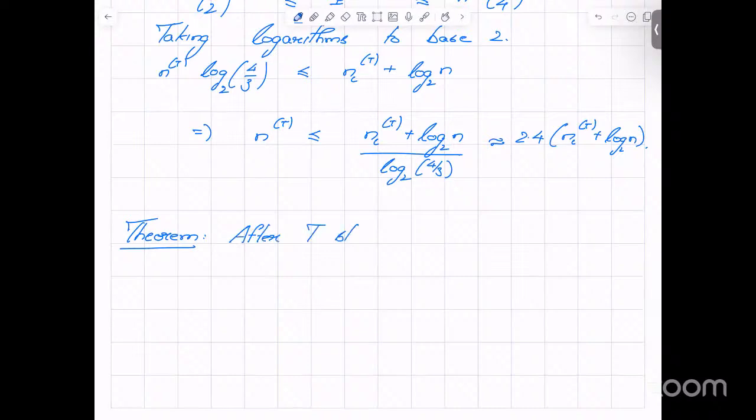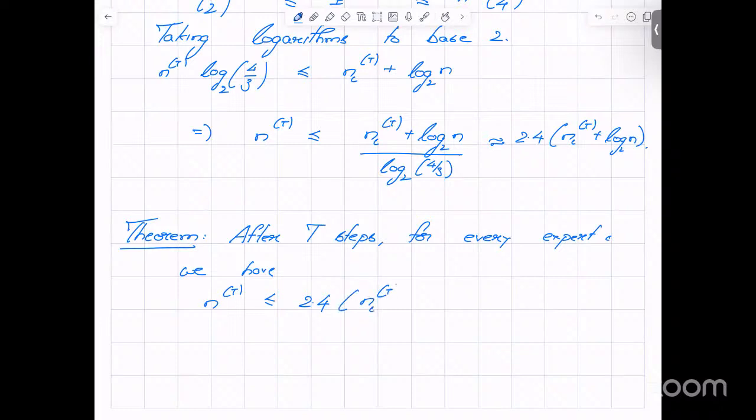After t steps, for every expert i, this is true for every expert i, the number of errors committed by the algorithm is at most 2.4 times the number of errors committed by any expert i. We have that.